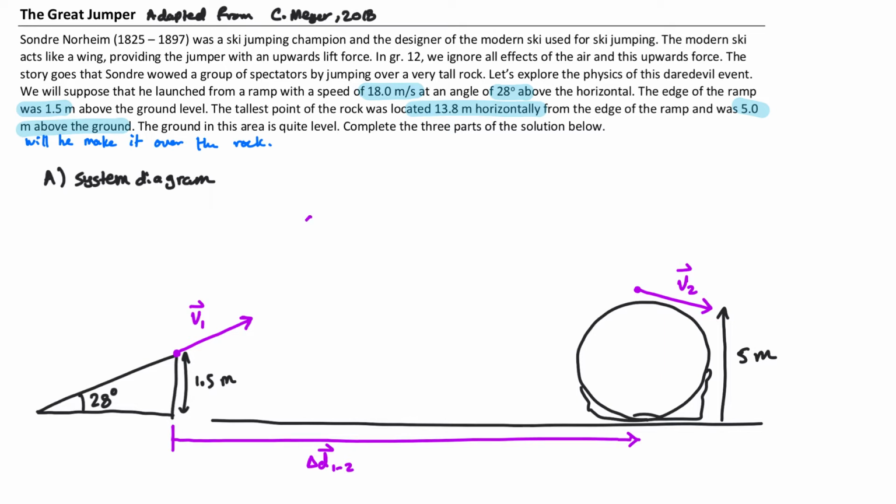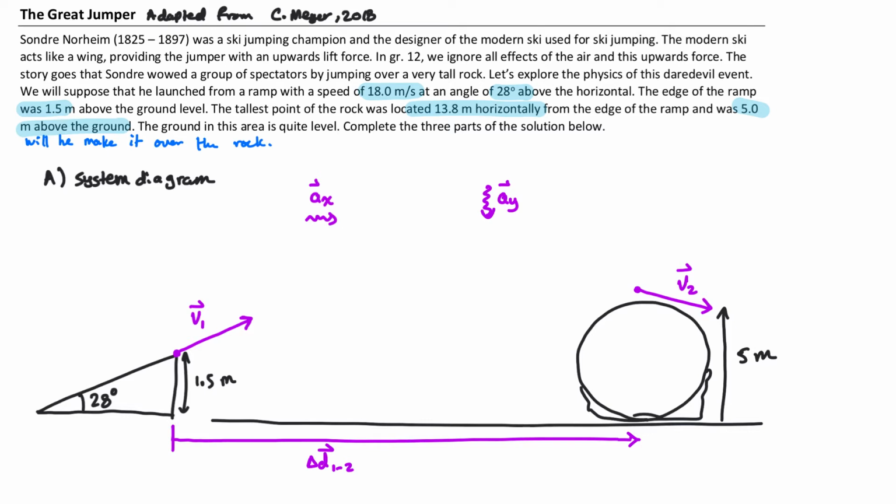I know that there's going to be acceleration in the x direction. It's going to be constant because we're going to assume that there's no air resistance. That value is going to be 0. There's going to be acceleration in the y direction, and that's going to equal 9.81. And I'm just going to mark all my accelerations with a squiggly so I know those are the accelerations.